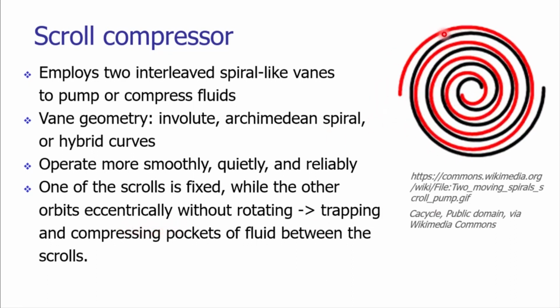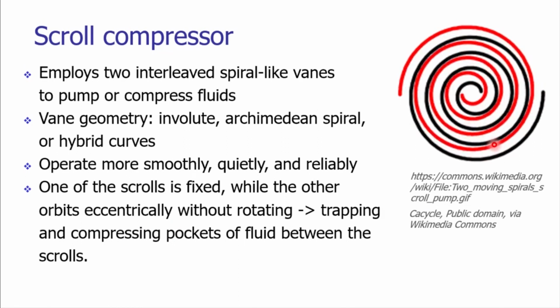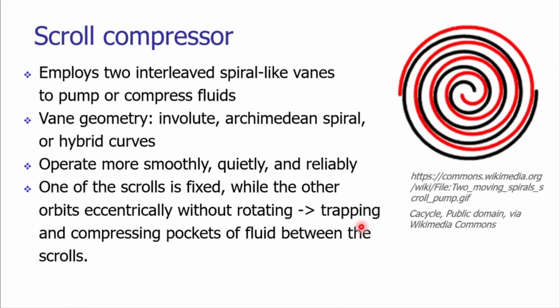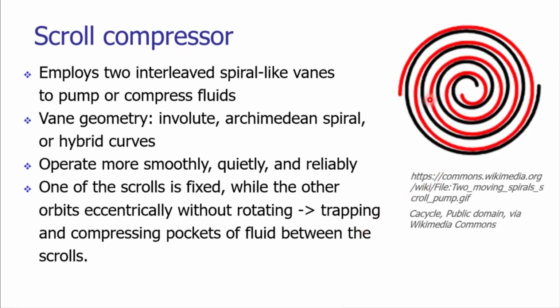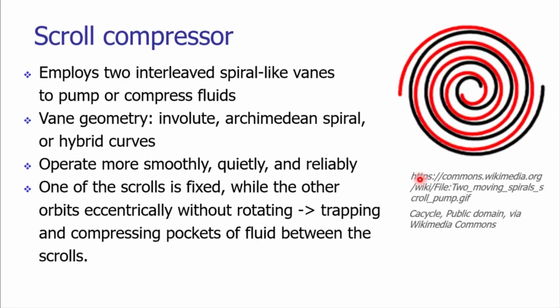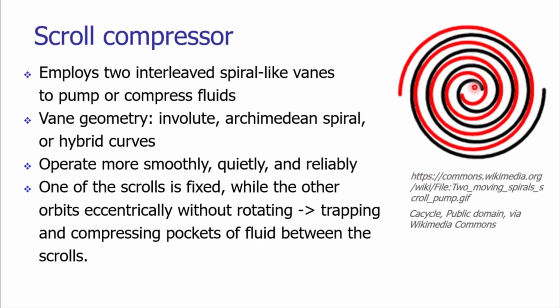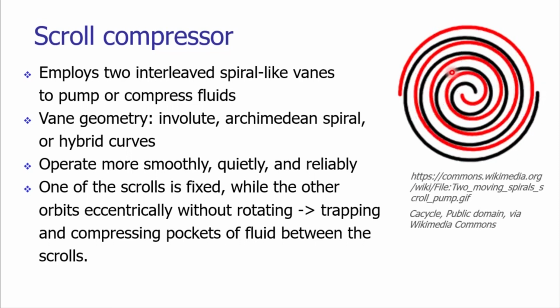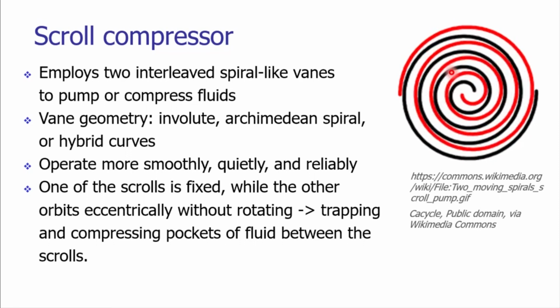Due to this eccentric orbiting process, there is generation of variable volume between the fixed scroll and orbiting scroll. As you can see here, the volume is getting varied, it is getting reduced.